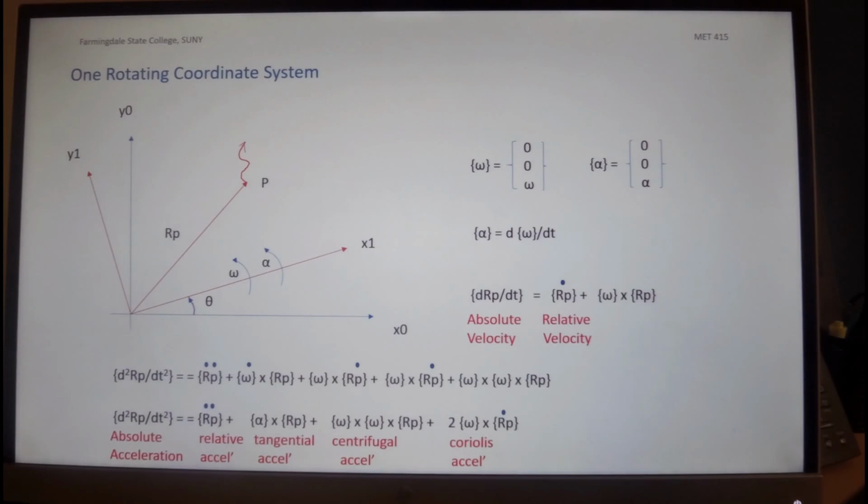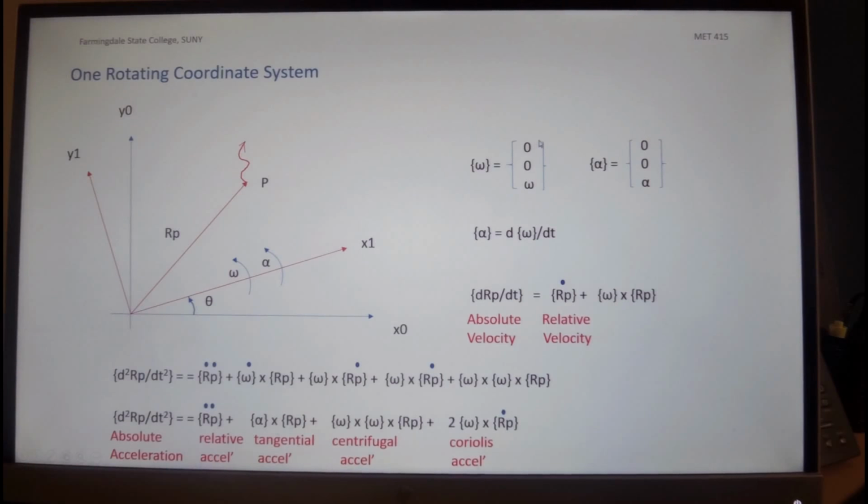situation. What we see on the screen is a stationary coordinate system, x0, y0, and a rotating coordinate system, x1, y1. The position at this particular instant of x1 with respect to x0 is theta, the angular velocity is omega, the angular acceleration is alpha, and these are the positive directions according to the right-hand rule.